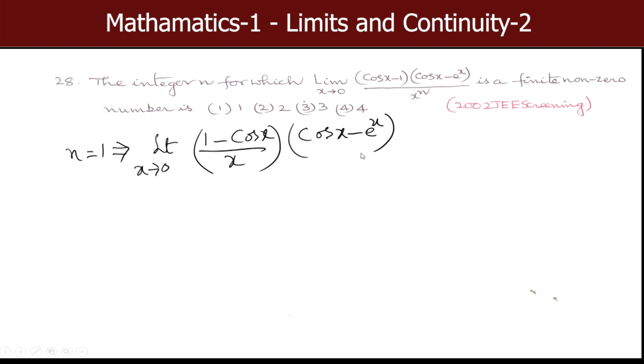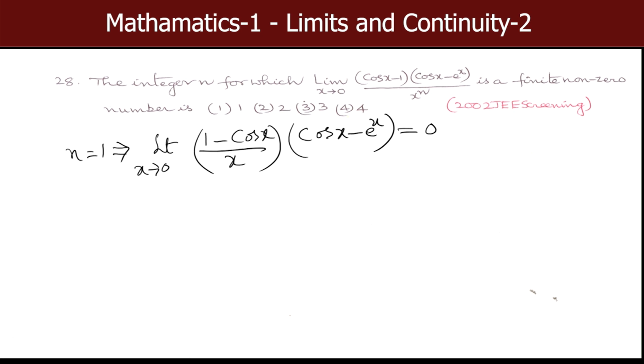That is the given limit for the value of n equal to 1. But this limit, (1 minus cos x) by x, has a limit 0, because the same as sin x by 1, limit sin x as x tends to 0 is 0. And this also has a limit 0, because cos x limit is 1 and e power x limit is 1. So cos x minus e power x also has a limit 0. So this is equal to 0. So n equal to 1 is not the desired value, because the limit is 0.